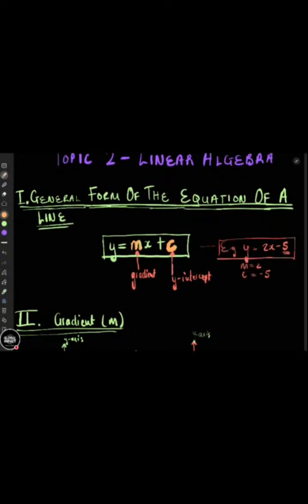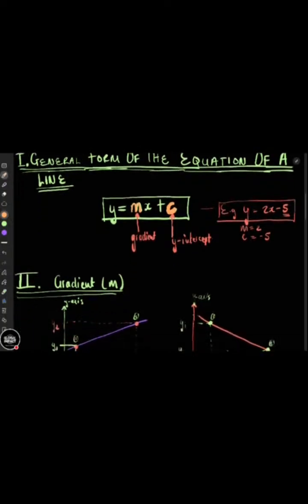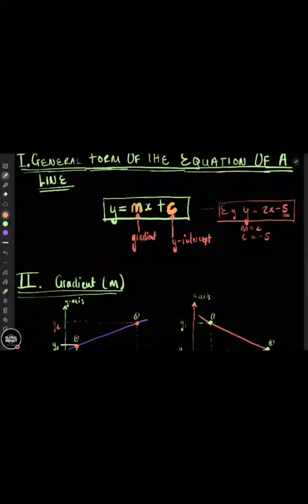Don't let anything else come into your mind. Stick to the plan. You need M and you need C, then you are done. You will write it in this form: y is mx plus c. The moment they say the equation of a line, you do this.